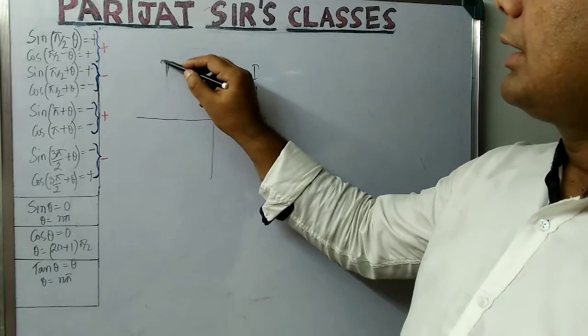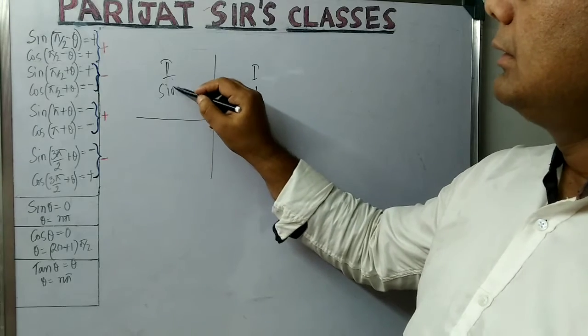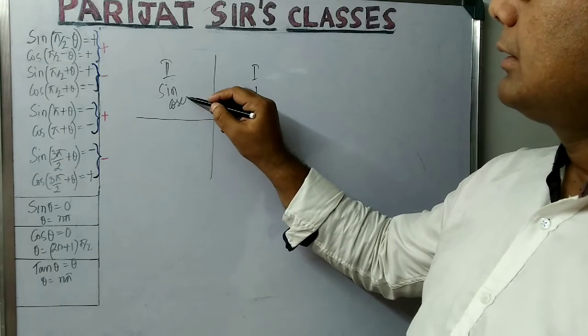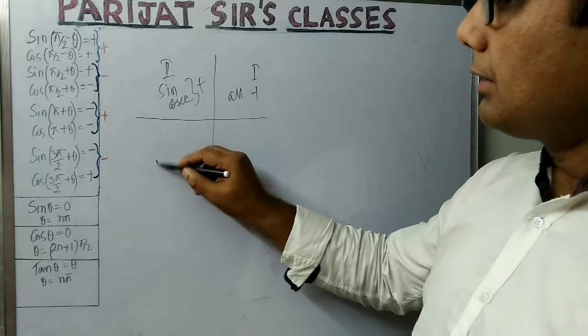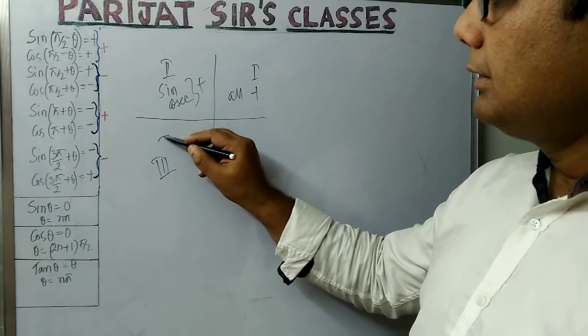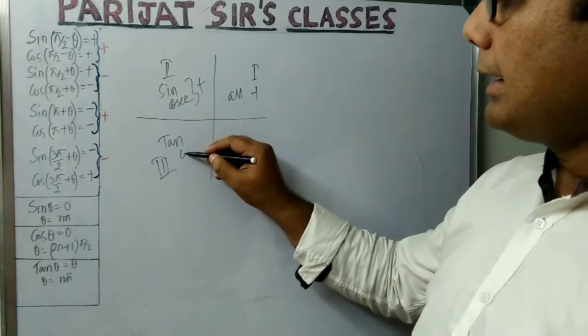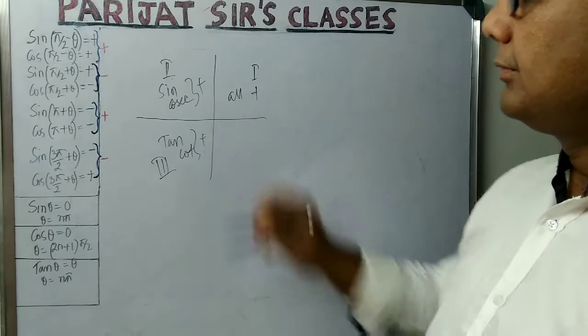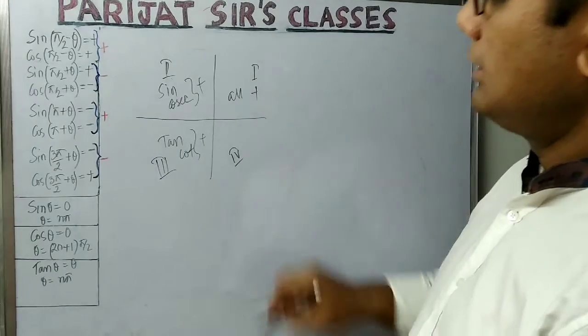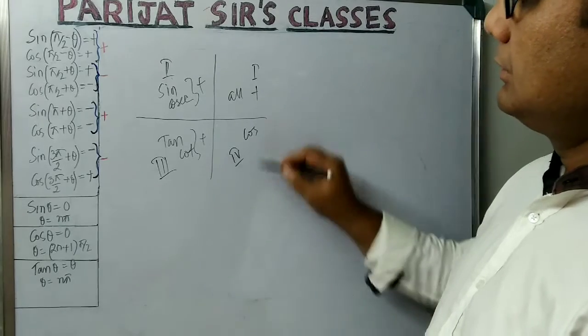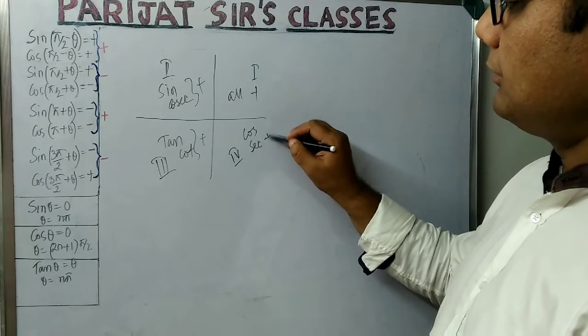In the second quadrant, sine and cosec are positive. In the third quadrant, tan and cot are positive, and in the fourth quadrant, cos and sec are positive.